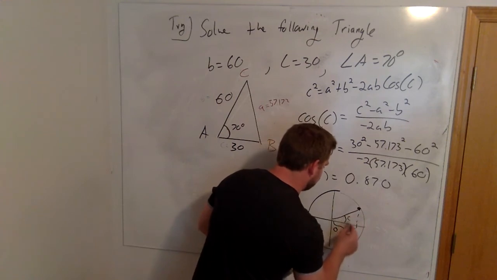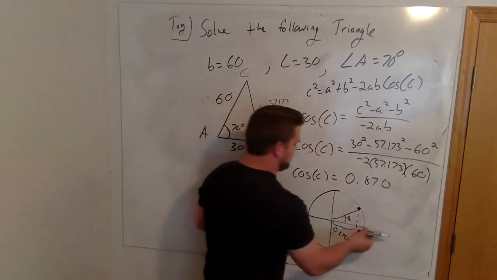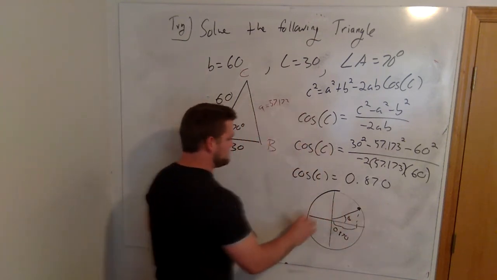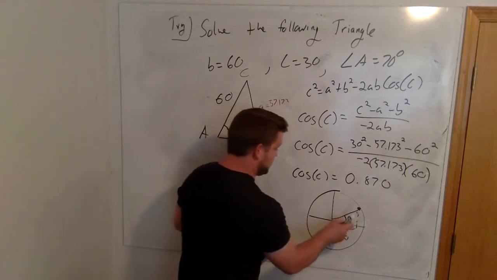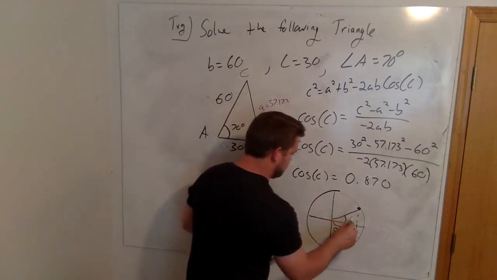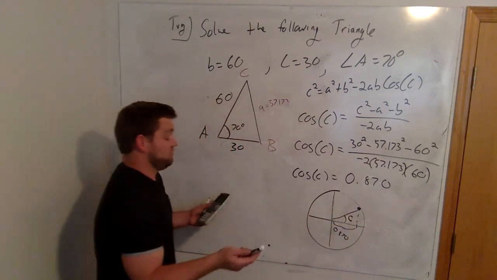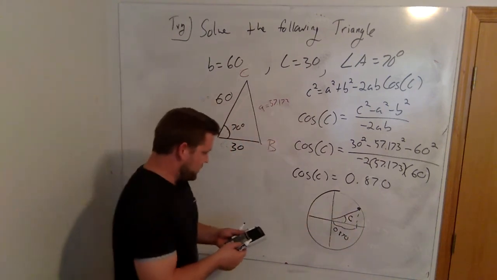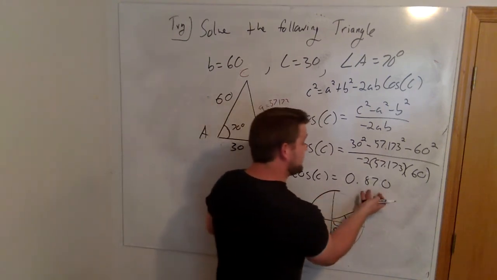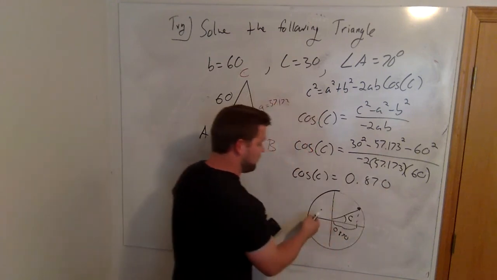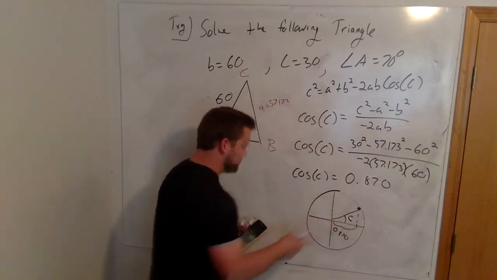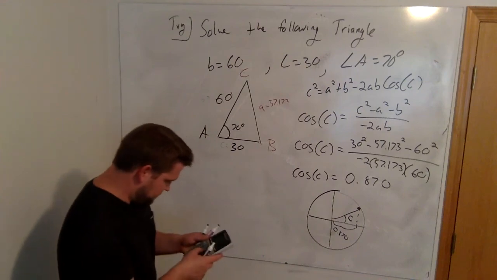It's going to spit me out this angle right here. Remember, cosine spits you out angles between 0 and 90 degrees. And so C, the angle that I'm going to get here, this would actually be angle C right here, I should expect an acute angle. If it was negative over here on the right-hand side, I'd be over here and I'd have the obtuse angle. So let's do the cosine inverse.